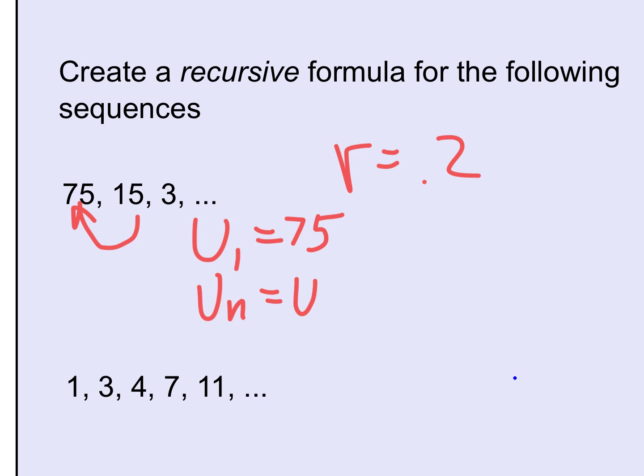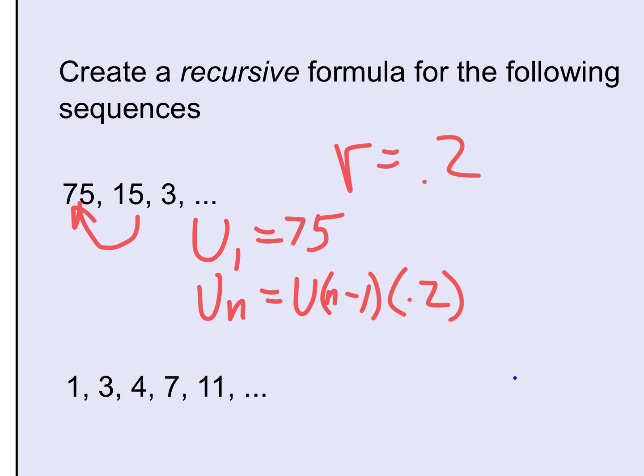U in parentheses N minus 1. Yes, good. And now it depends whether it's arithmetic where you added something or if it's a common ratio because you multiplied by something. This obviously was a common ratio, so I'm putting in parentheses a 0.2. How many of you had that before I said it? Okay. So that's how you write one of these equations.